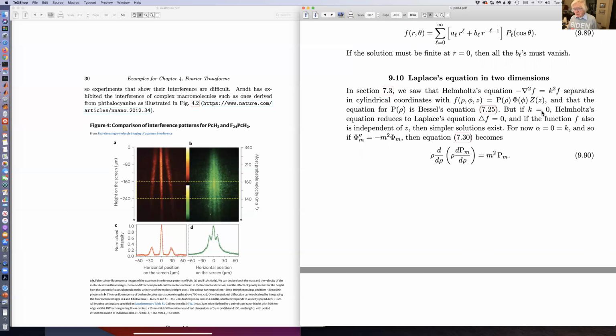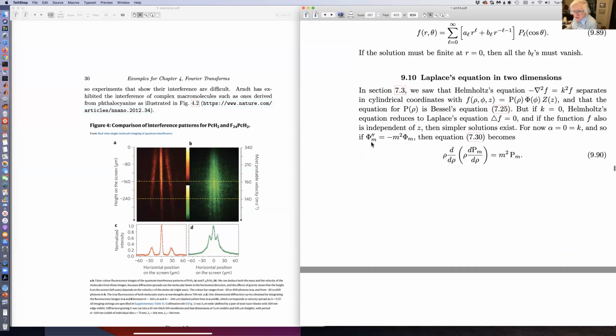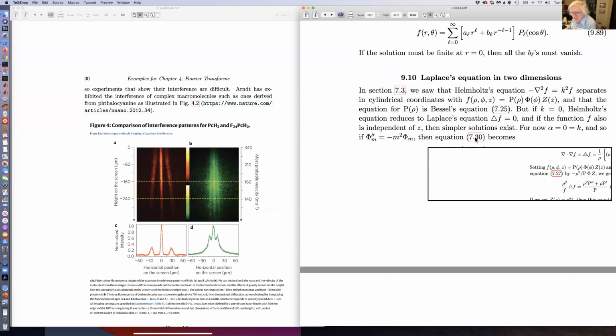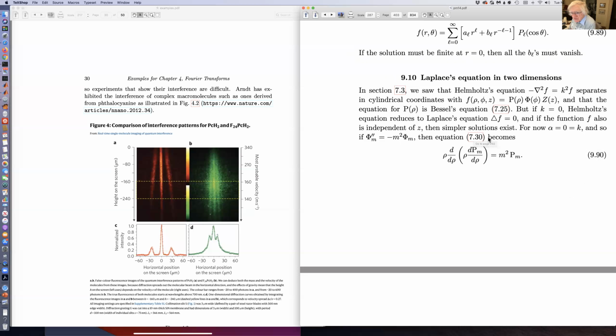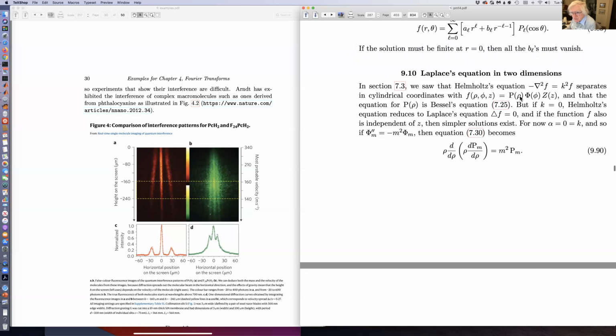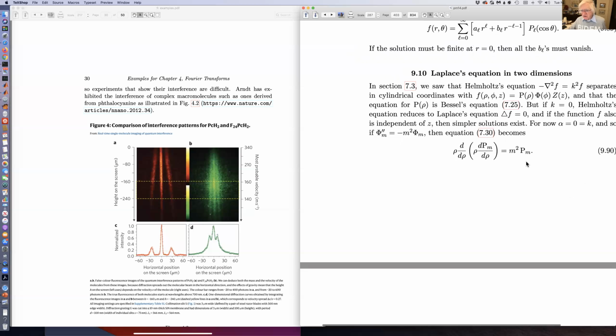If k equals 0, then we just have Laplace's equation. And if f is independent of z, then the solution's even simpler, because now we have both alpha and k equal to 0. And so if we say that Phi double prime sub m is minus m squared Phi sub m, then equation 730, which is the separated equation for the radial function, just becomes this.